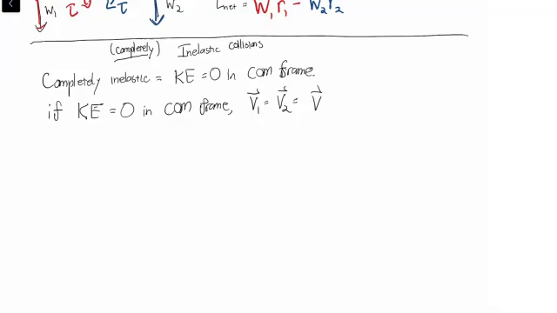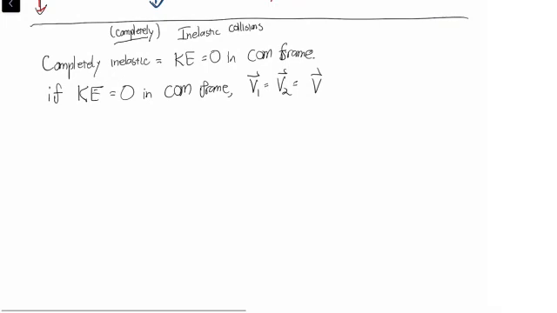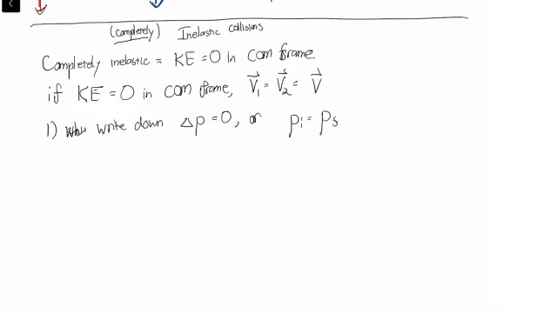So for completely inelastic collisions, step 1 is always write down delta P equals 0, or P initial equals P final, okay?